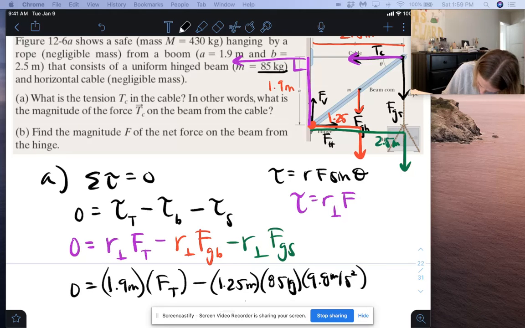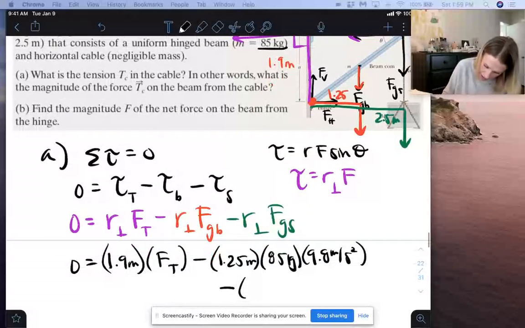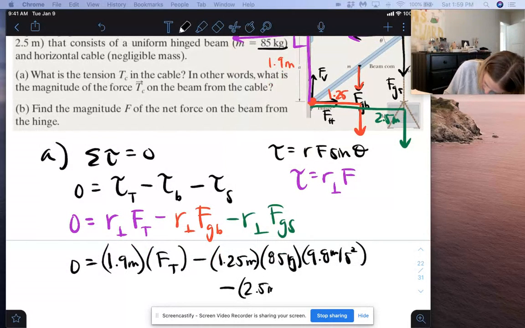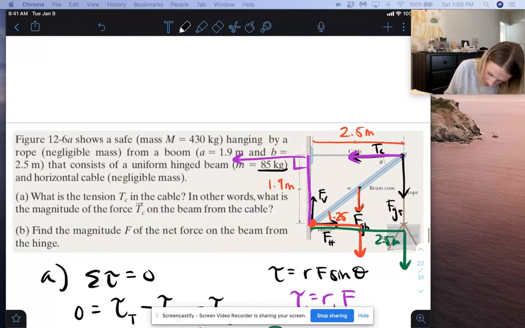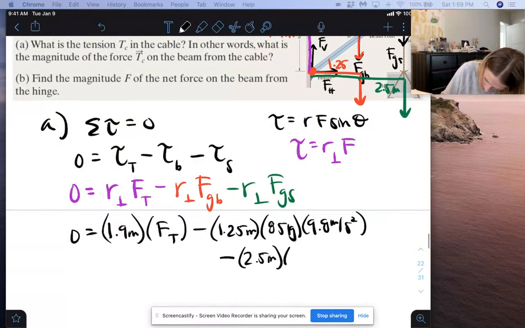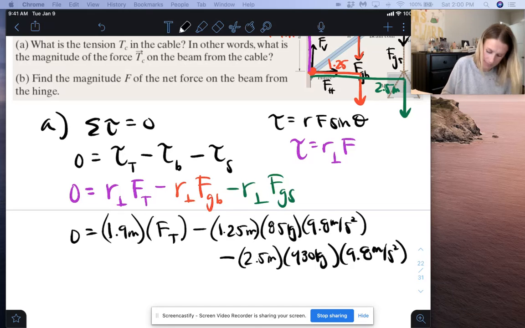And then minus the perpendicular R vector or moment arm for the safe, which was 2.5 meters, times the force of gravity of the safe, which was the mass of the safe, 430 kilograms, times 9.8 meters per second squared.